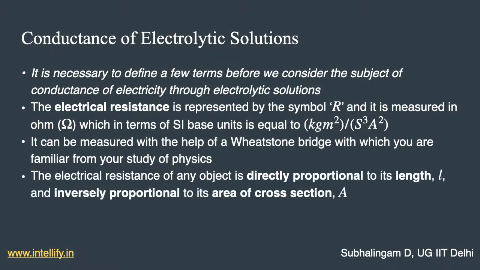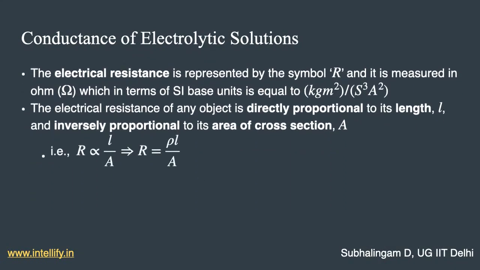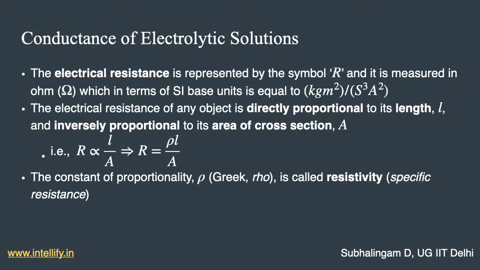The electrical resistance of any object is directly proportional to the length L and inversely proportional to the area of cross section. So we have R proportional to L by A, and we use the proportionality constant rho, which is a Greek letter, to refer to resistivity, or otherwise called specific resistance. So we get R is equal to rho L by A.